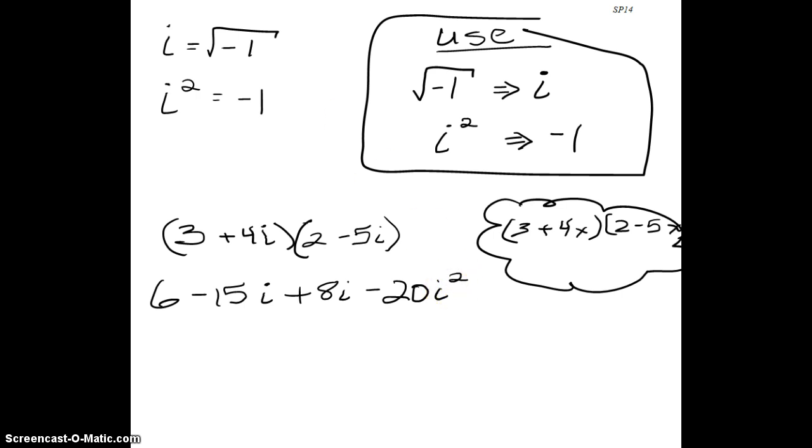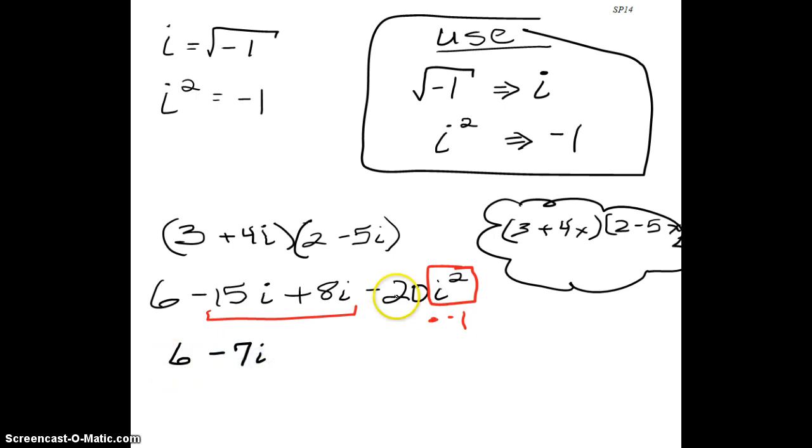Now the big thing is you're going to combine these two like terms, and then this i squared is going to get replaced with times -1, which has the effect of just changing your negative to positive or positive to negative right there. So our final answer is going to come down to a -7i.